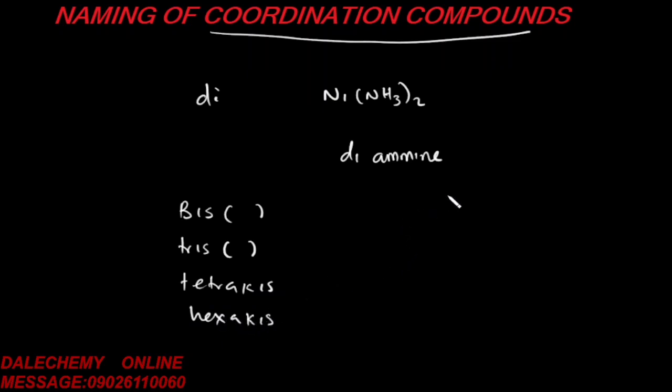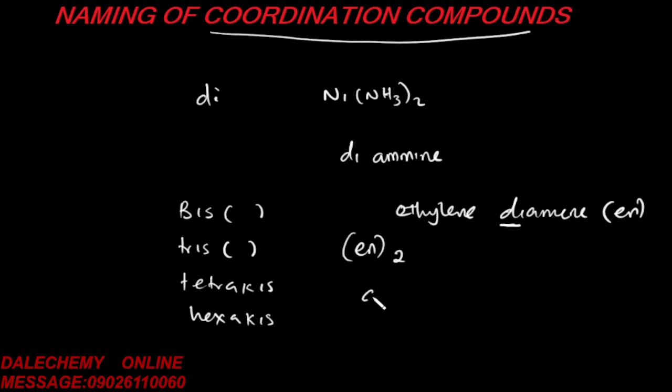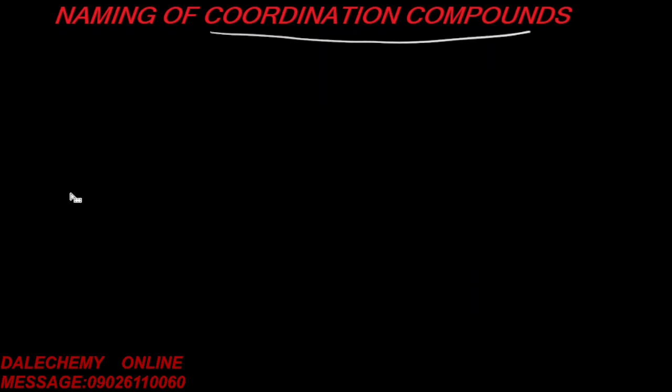What I'm talking about is like ethylenediamine, which I will shorten as EN. It is a ligand itself, but because in its name it's having di, if you're having 2 of these EN in a compound, instead of calling it diethylenediamine, you rather call it bis(ethylenediamine). That is what that rule is talking about. We are going to see more of this when we start naming them. So now let's look at some examples.